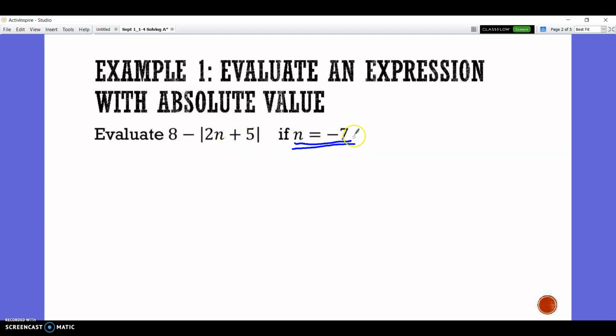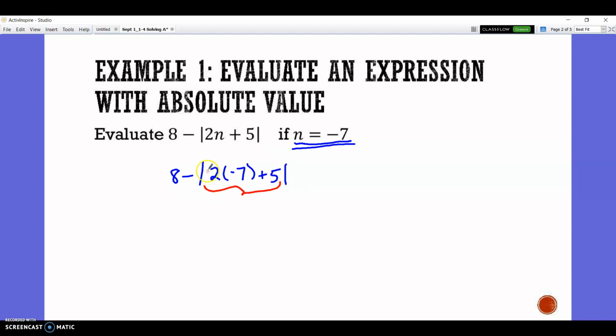I'm going to plug in the -7 for n and simplify it. So 2, plug in the -7, so we don't change anything just because we see an absolute value. We still plug in a -7 because that is the correct value of n, and I keep everything else the same. Now we're going to use our correct order of operations and simplify what the inside of this is.